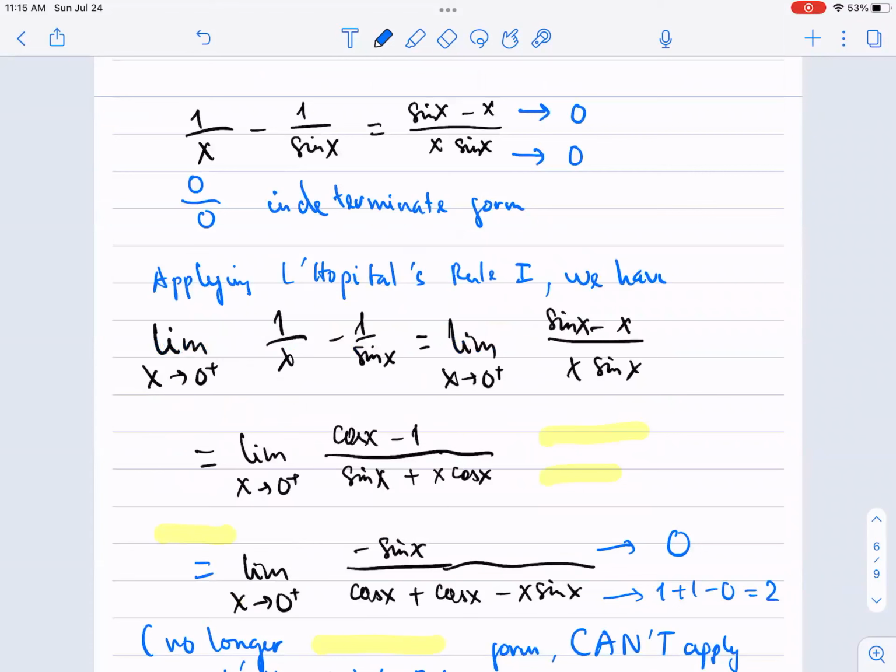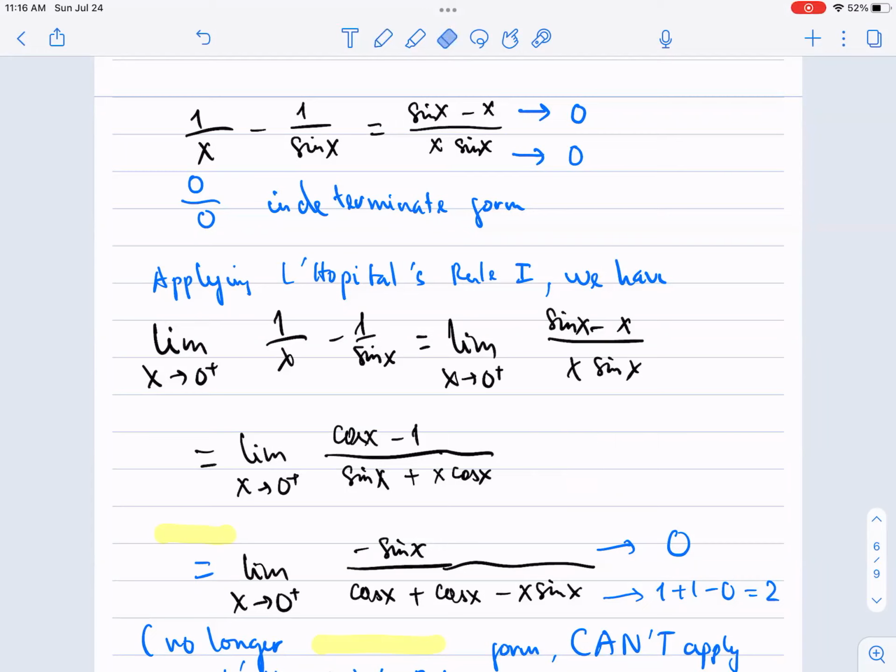Then we can apply the L'Hopital rule part 1 to obtain the limit here equal to the limit of the quotient of the derivatives. Now, the derivative of sin x minus x is just equal to cos x minus 1. The derivative of x sin x equals sin x plus x cos x.